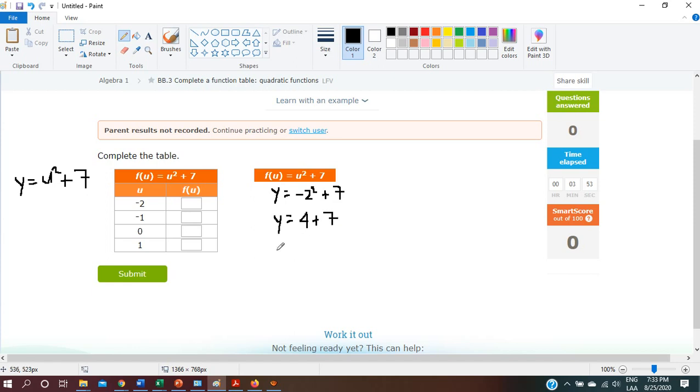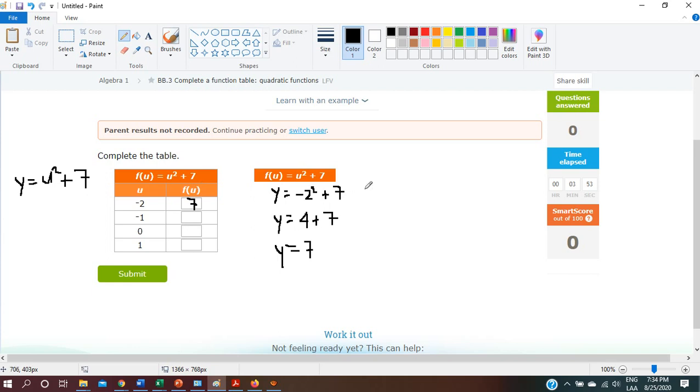All right, so y equals 7. Okay, so this is our answer here. Remember, f of u is the same as saying y equals 7.